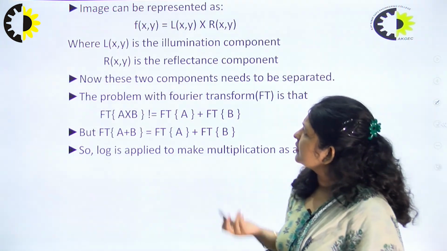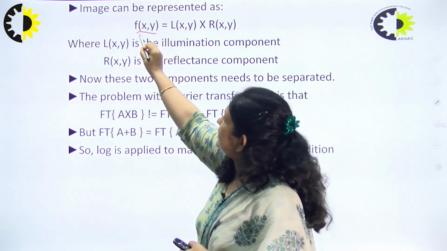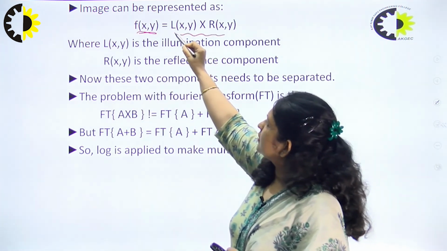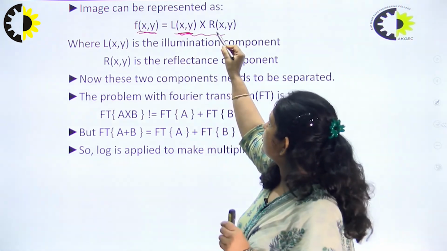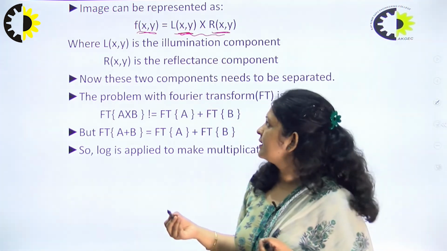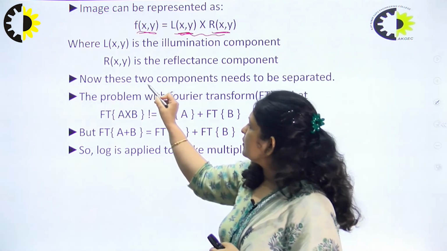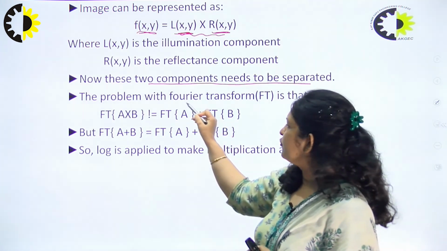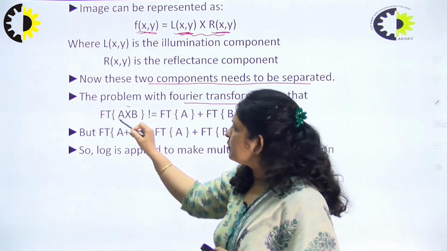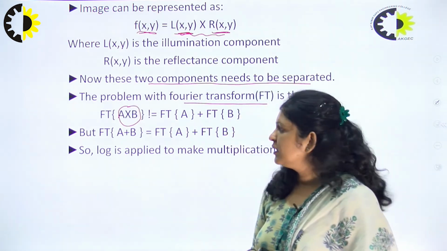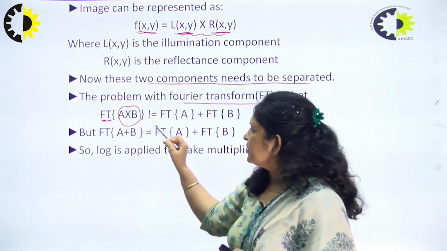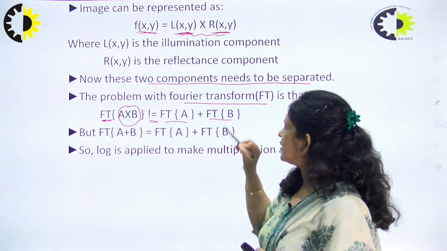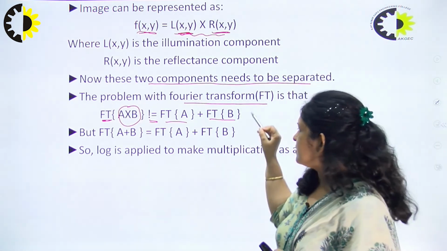As we know, f of x comma y, the intensity at any point x comma y, is a product of L, the illumination at that point, and R, the reflectance. These two components need to be separated, but the problem with the Fourier transform is that if we have two components A cross B and apply the Fourier transform, this is not equal to the Fourier transform of A plus the Fourier transform of B. So this is not valid.